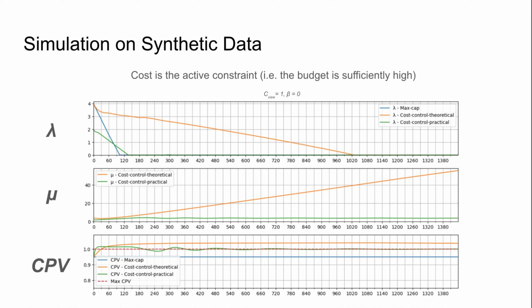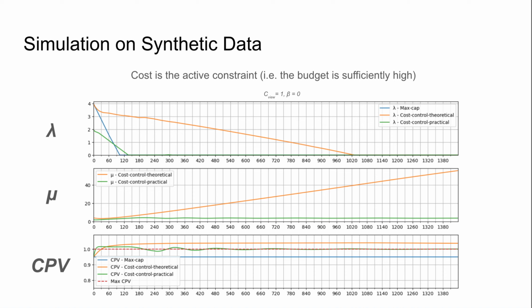Because budget is not an active constraint, we can see that lambda goes to 0 for all variants. Cost is the active constraint. Therefore, for cost control theoretical, we can see that mu is positive and in fact goes to infinity. And for cost control practical, the proposed solution, mu saturates and stays at some finite value.